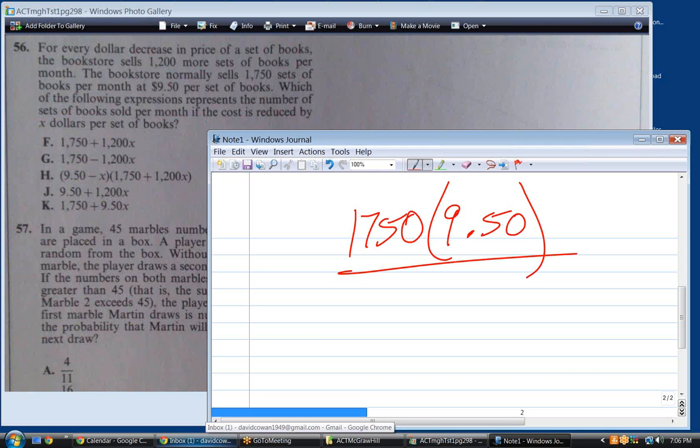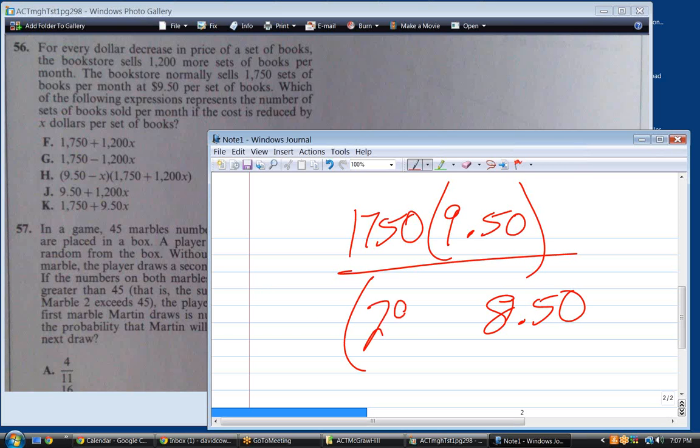Does that look familiar? Any of these answers? In other words, let's pick a number. Let's drop the price by $1. Well, we know what's going to happen. We're going to charge $8.50, and we're going to multiply it because we're going to sell an extra 1,200.